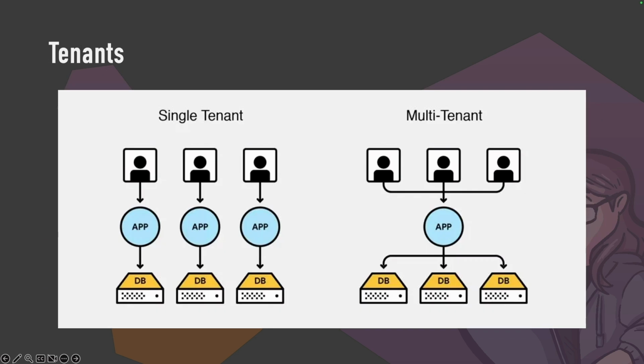In a single tenant, what you might find is you'll have 3 separate applications that have 3 separate databases for 3 customers. In multi-tenant, you're going to have all the customers accessing the same app, and it might even be on the same database, but certainly they might be able to at least programmatically see the data from other tenants, but shouldn't be able to do anything about it.